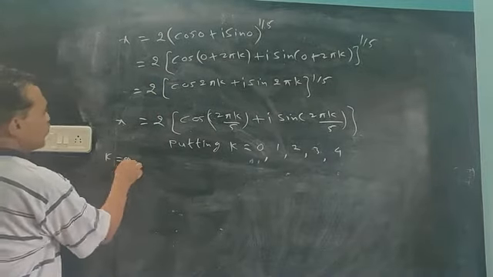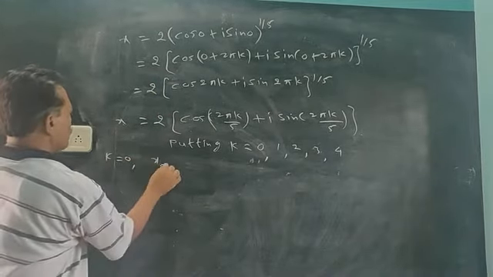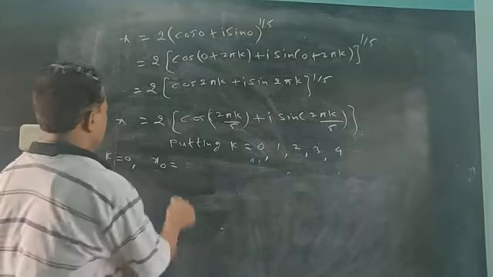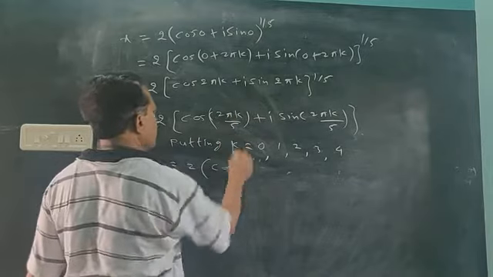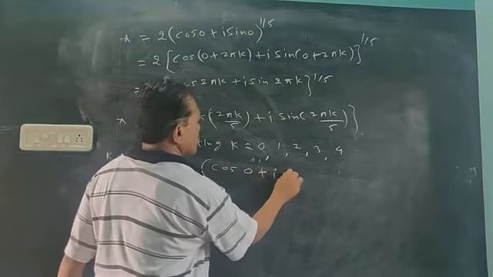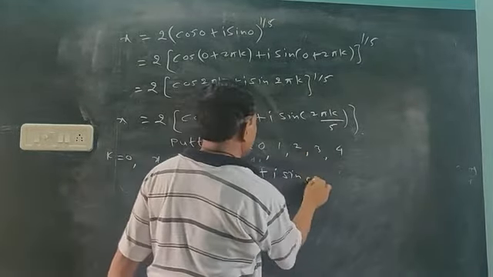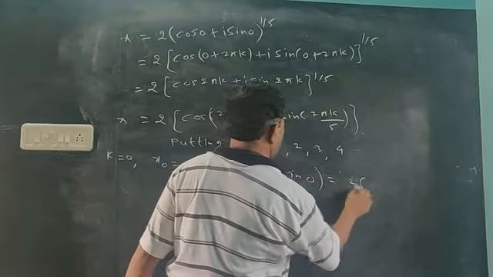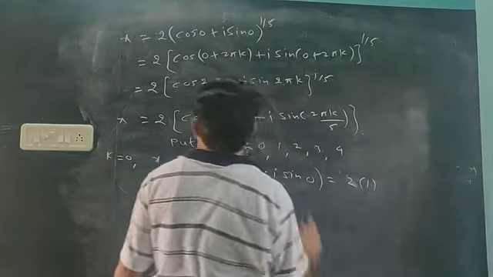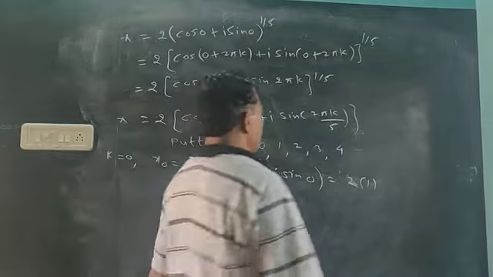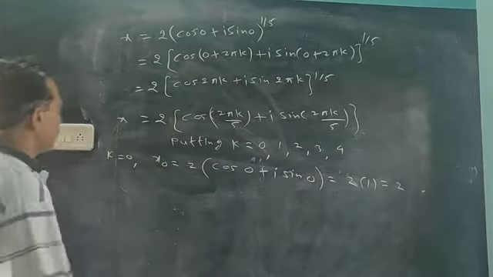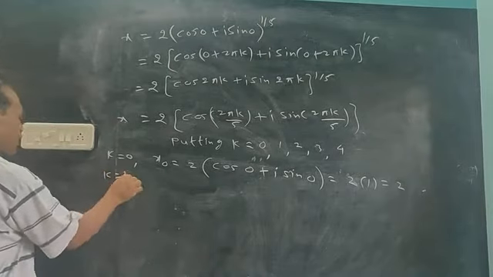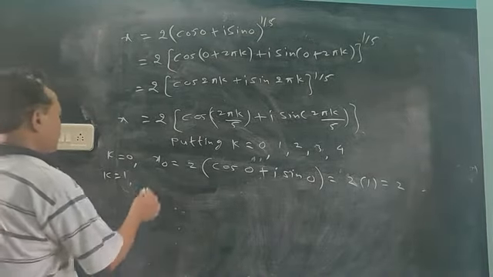K equal to 0, first value, say x0: 2 times cos of k equal to 0 means cos 0, I sin 0, which is 1, standard. So 2 is one of the 5 values. The other 4 answers come from the application.